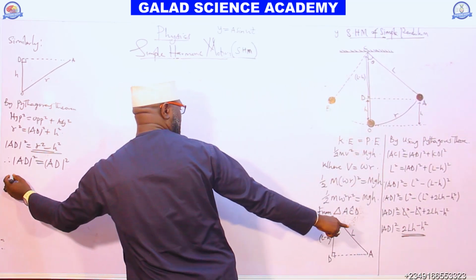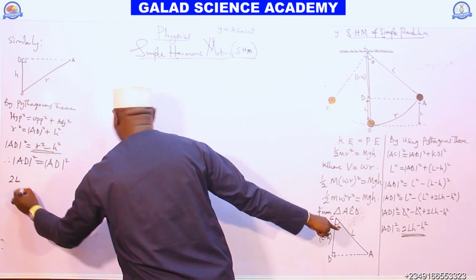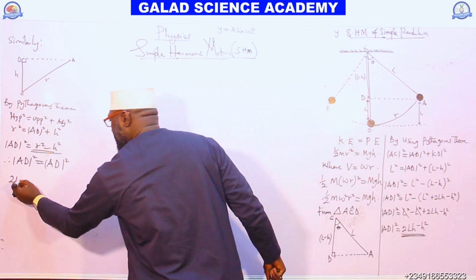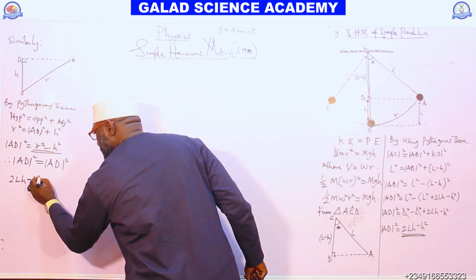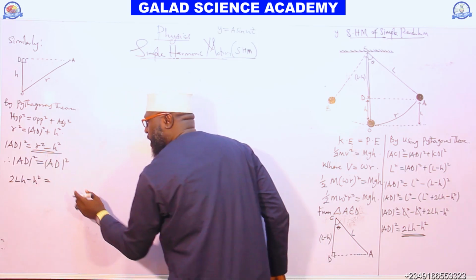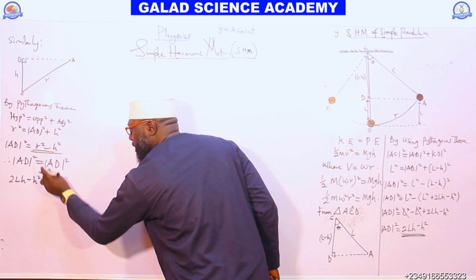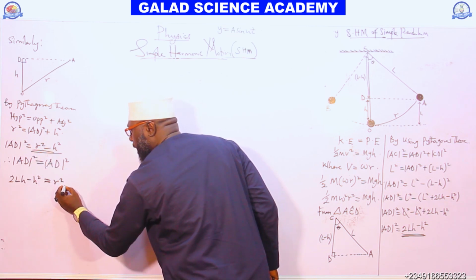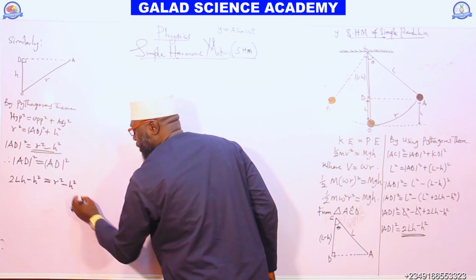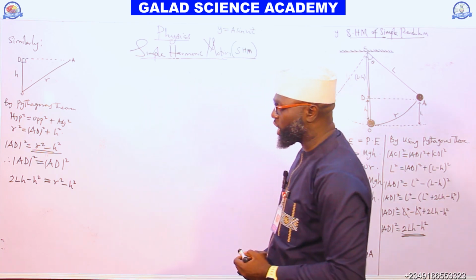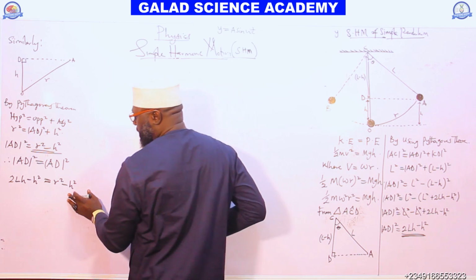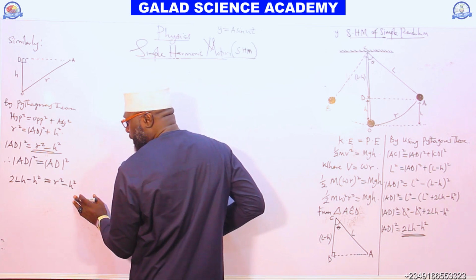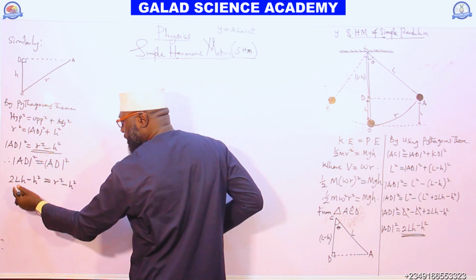What's the first one here? We have 2LH minus H square. What is the second one? Equal to R square minus H square. Don't forget that we are looking for R. Yes, you will rearrange this expression.